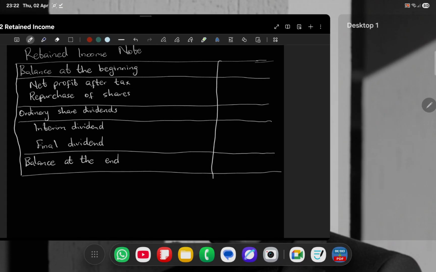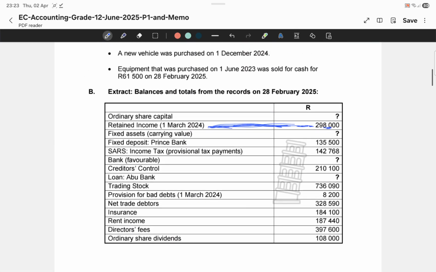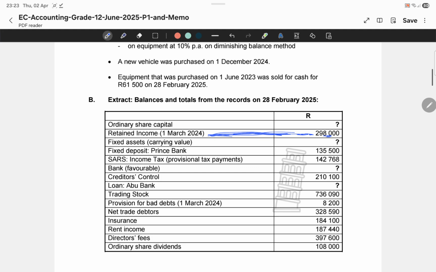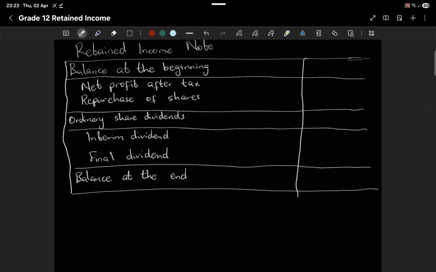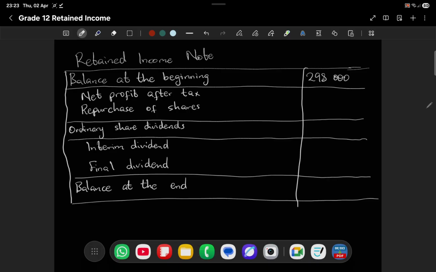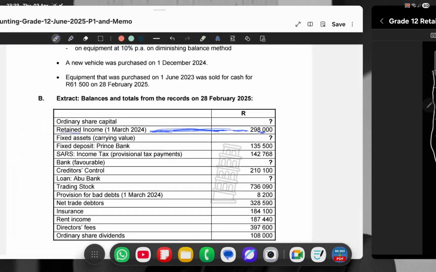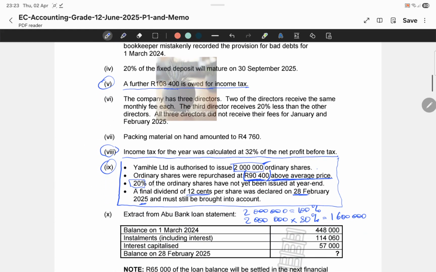On the question paper, we've been given some amounts. First of all, we are given the balance at the beginning of the retained income, which is 298,000. You write it, balance at the beginning, 298,000. Then on the additional information, we also have ordinary shares that were repurchased at 90,400 above average price.